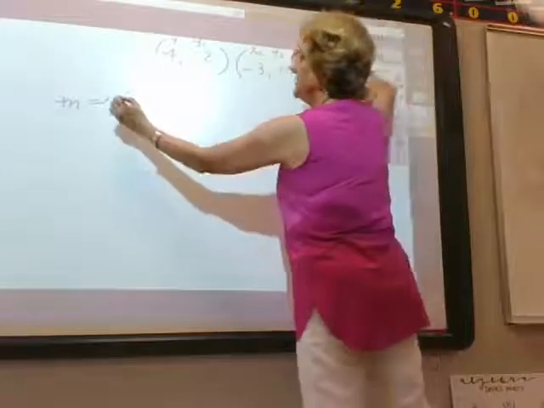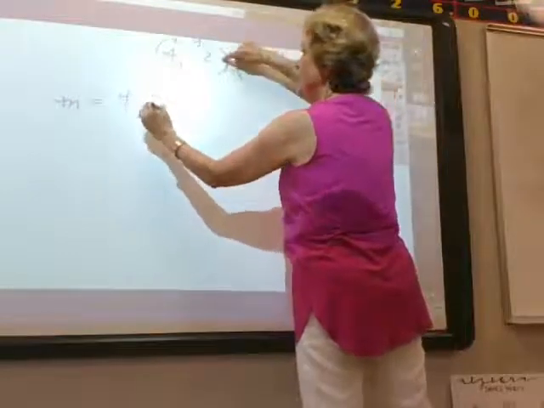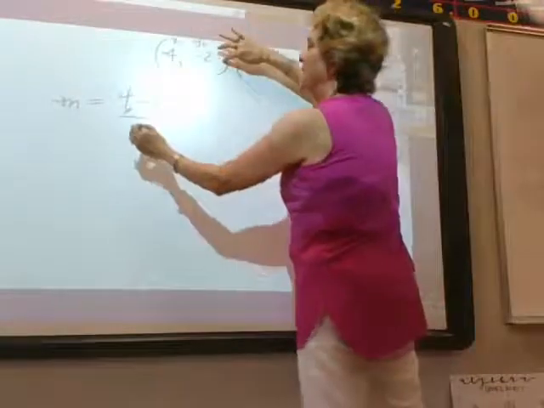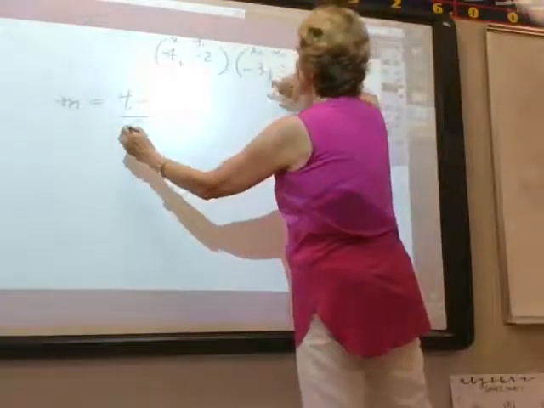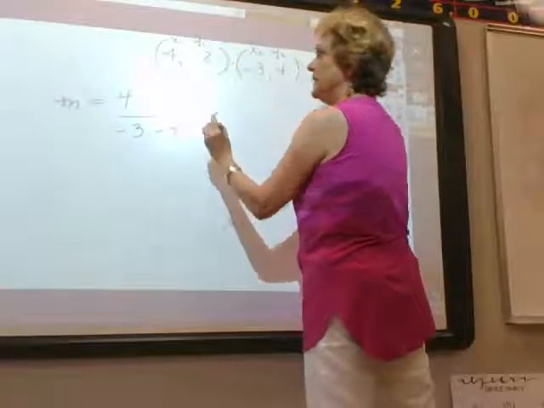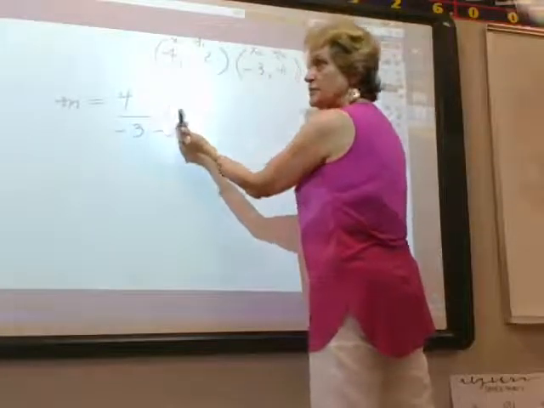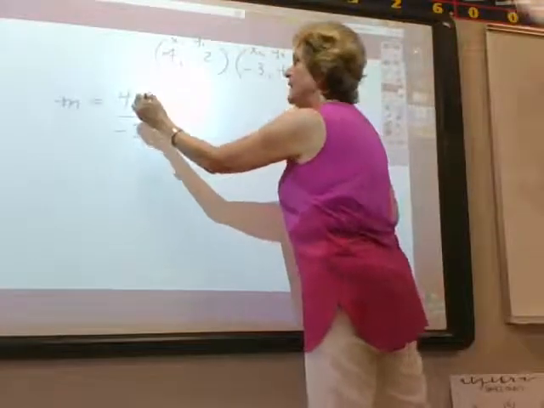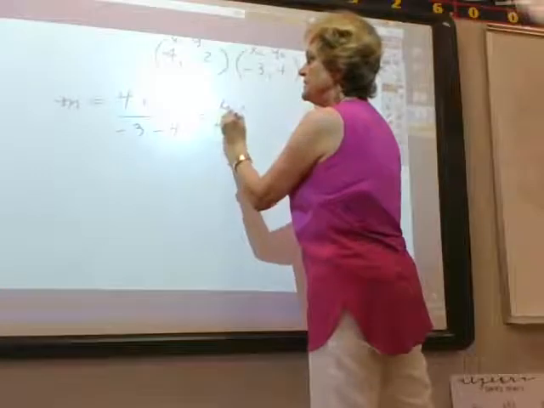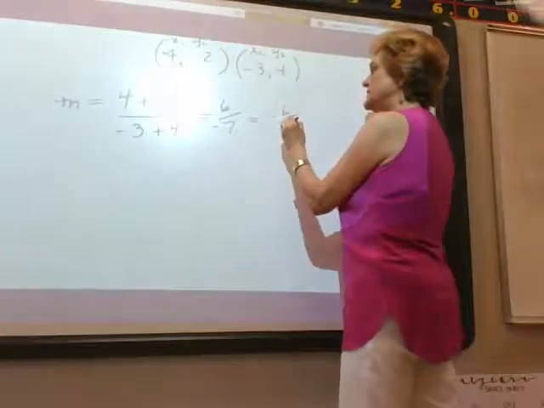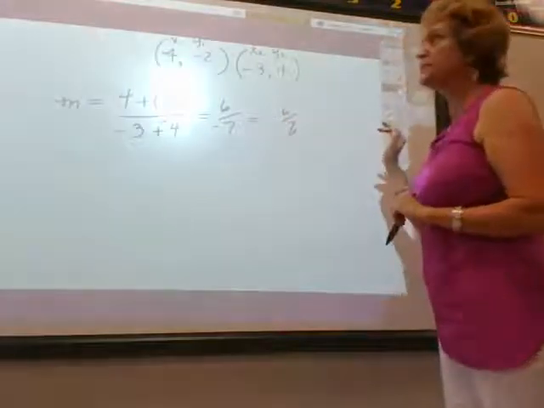So, y2, take away y1, and then x2, take away x1. Okay, so be very careful with your signs. Remember, the formula is take away, okay? All right, add the opposite, so 6 under negative 7, so negative 6/7 is our slope.